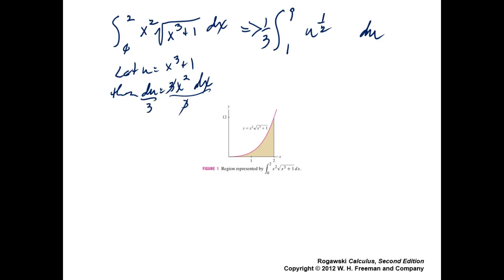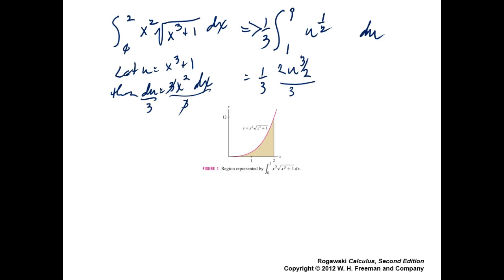Can we antiderivative that? Please say yes. And that's going to be 1/3 u to the 3/2, over 3/2, which is the same as times 2/3.